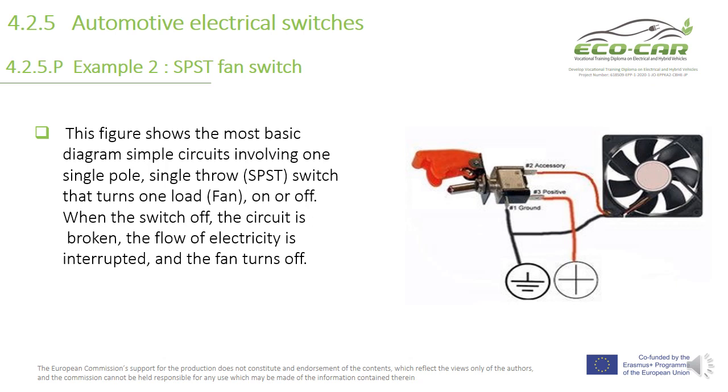So ground is connected to the chassis of this switch and goes to the second terminal of the fan, and we have here the positive terminal of the battery goes to this switch, and when the switch is on, this one is connected to this contact, and then the fan is running. So this is an example of using single pole, single throw switch to control one load or one circuit.